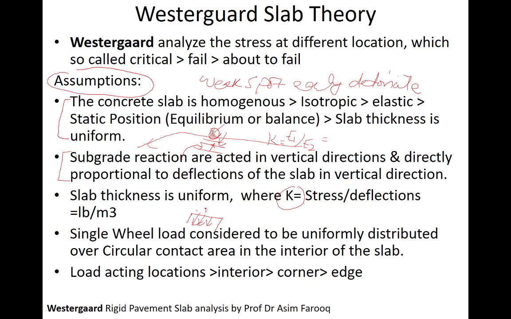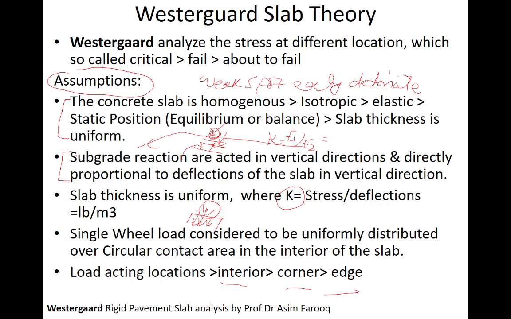In case of the corner, the circumference of the contact is tangential to the slab edges, while the last assumption is that the weight of the single wheel load for the edge of the slab is considered to be distributed uniformly.